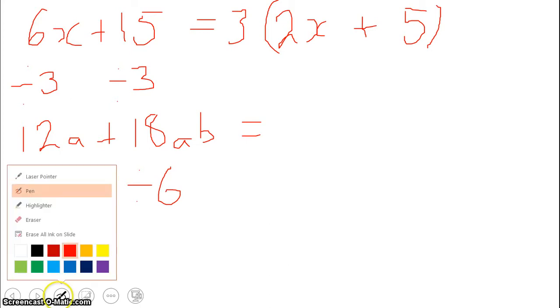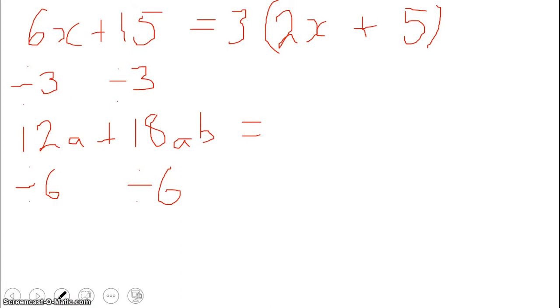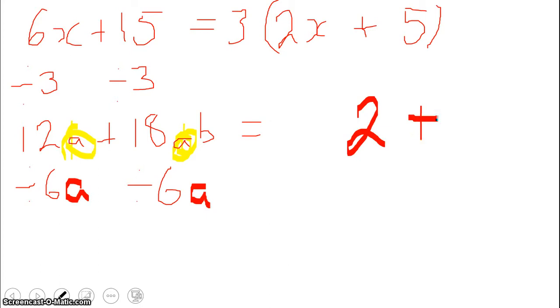Because I can also see that I've got an a and an a here. So what I'd be looking to do is, instead of dividing by 6, I'm going to divide by 6a. So when I do that, 12a divided by 6a gives me 2.